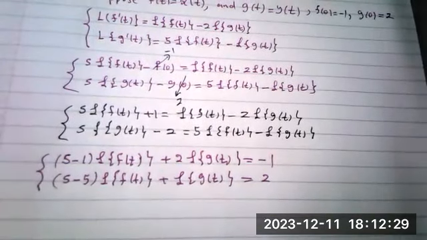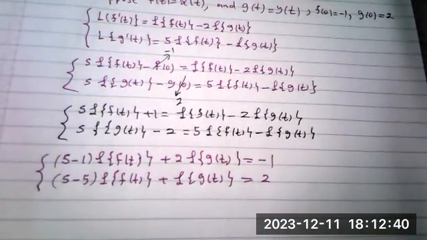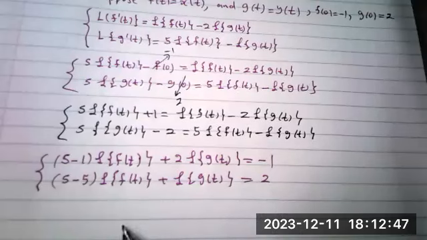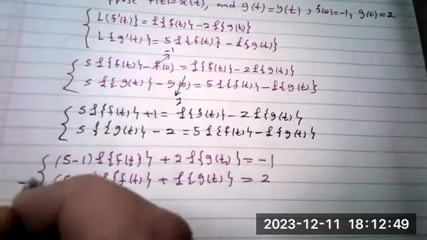Now it's algebra. We are going to use the elimination method to eliminate one of them, and then we continue. There are different ways to do it. You can eliminate g, which seems easier. Just multiply the second one by -2 and add them together.